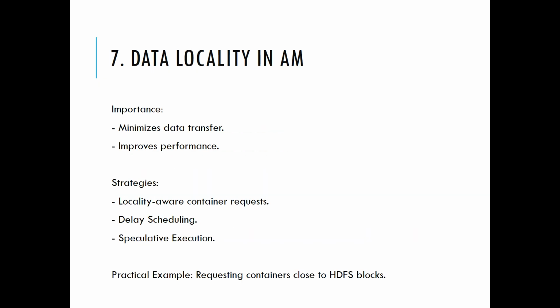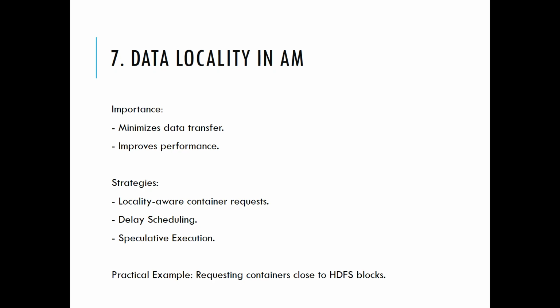Data locality is a critical performance concept for the application master. Its importance cannot be overstated. By scheduling computation on the same node where the data resides, or at least on the same rack, we minimize network data transfer, which dramatically improves application performance. Key strategies include making locality-aware container requests, specifying preferred hosts or racks.